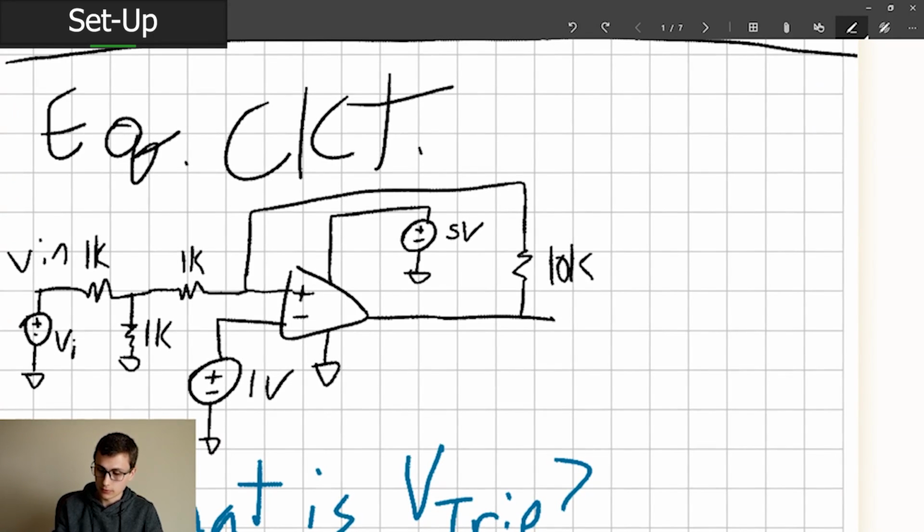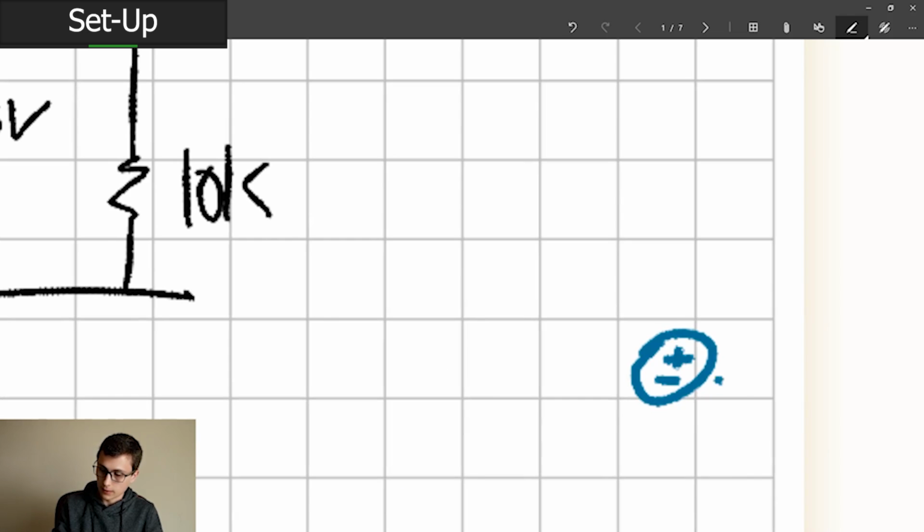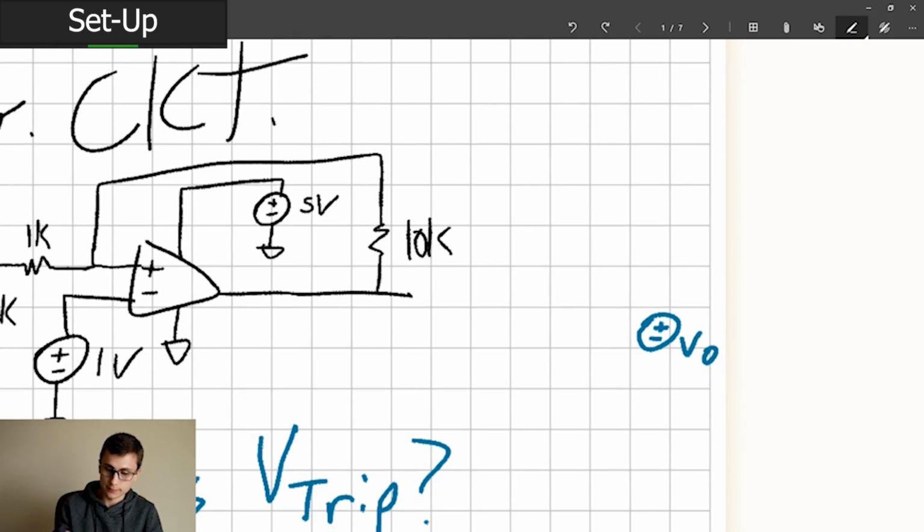Okay, so let's think about the equivalent circuit that we have here. We have essentially a voltage source. This is VO. That's this voltage. And we've got a 10K resistor.